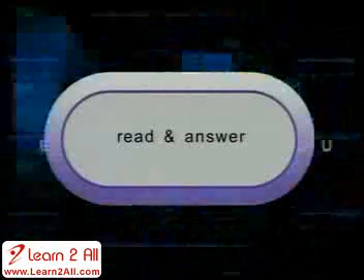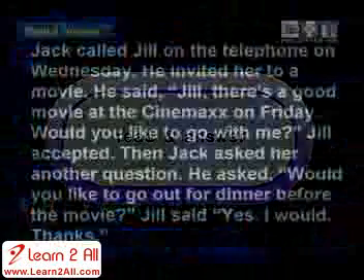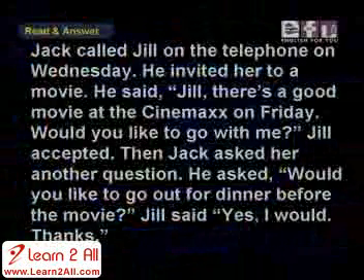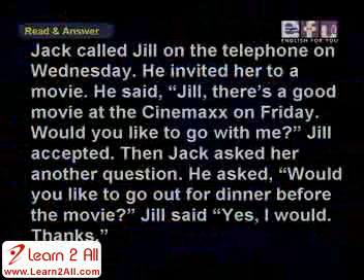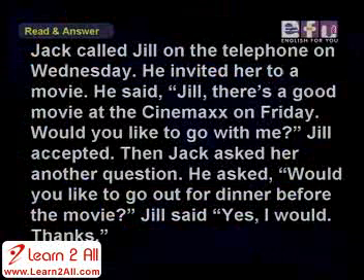Now, read the story and then answer the questions about it. Read and answer. Jack called Jill on the telephone on Wednesday. He invited her to a movie.